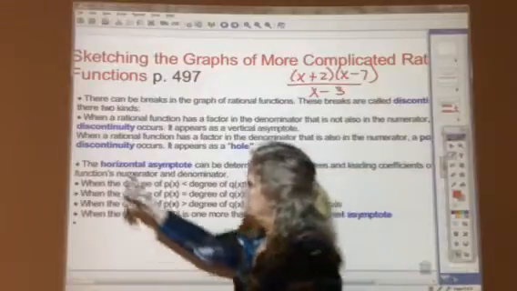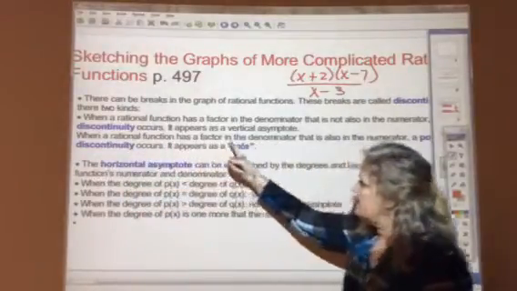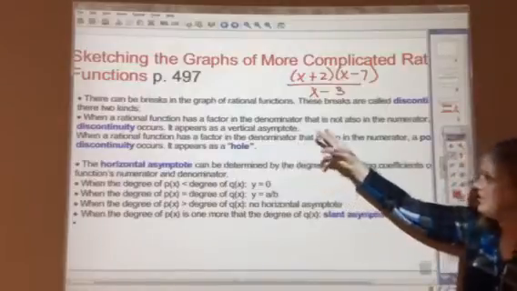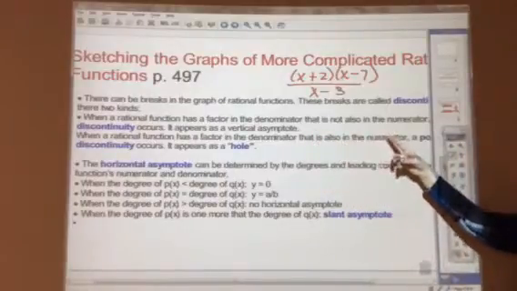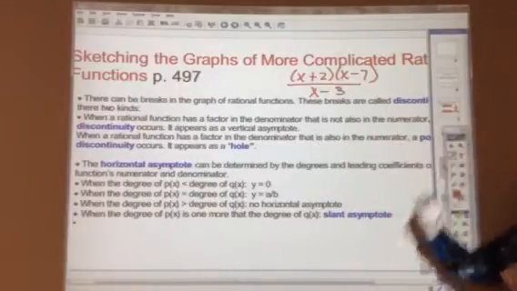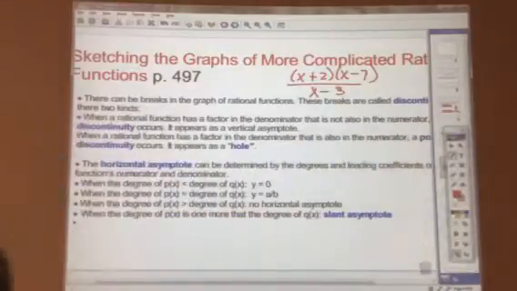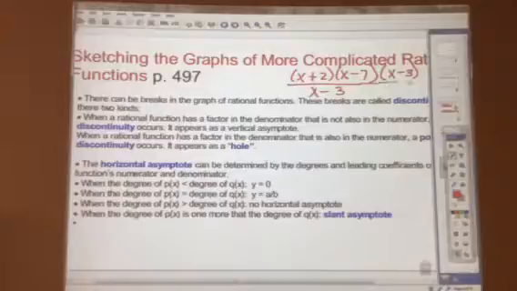Second part. When a rational function has a factor in the denominator that is also in the numerator. So it's in both. So it's going to look like this. Let's say that this factor is also x minus 3. Okay, so there's my problem.